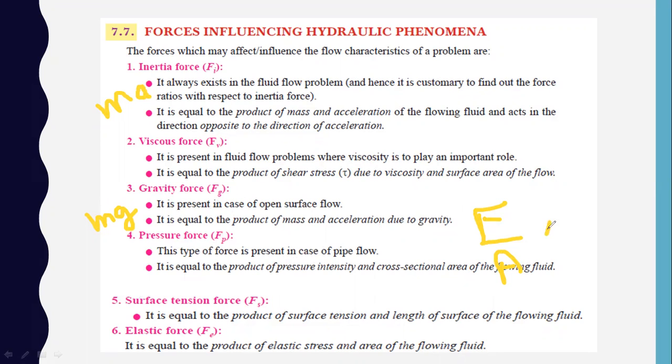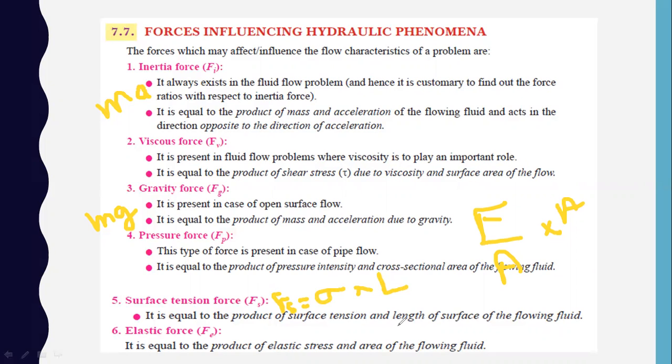If we multiply with the area, we get the pressure force. The next, surface tension force, it is equal to the product of surface tension and length of the surface of the flowing fluid. Surface tension we will denote by sigma. So F surface tension will be equal to surface tension into the length of the fluid.